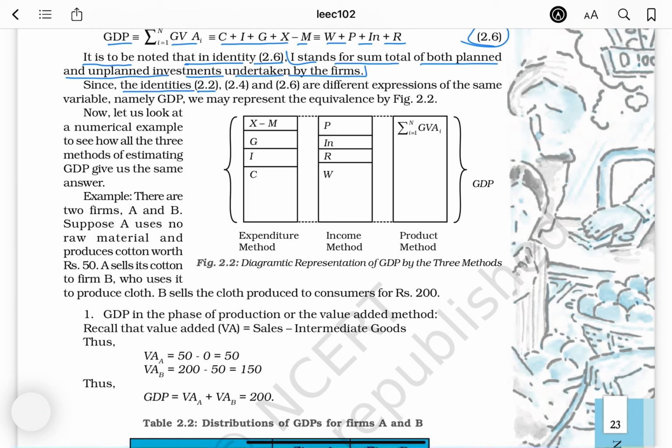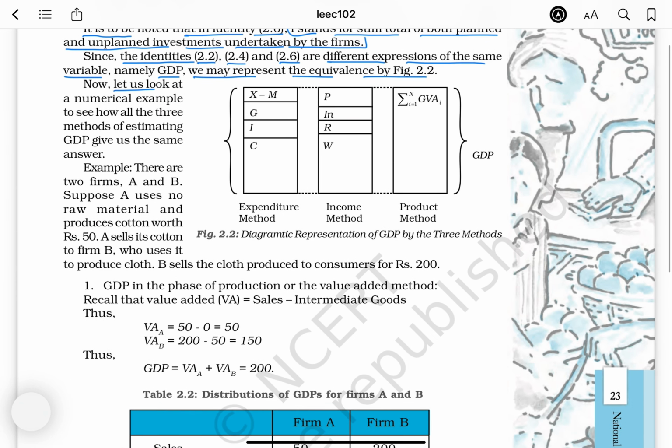Since the identities 2.2, 2.4 and 2.6 are different expressions of the same variable, namely GDP, we may represent the equivalence by figure 2.2. Now let us look at a numerical example to see how all the three methods of estimating GDP give us the same answer.